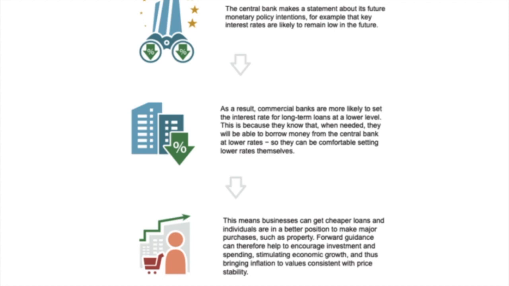Because they've told the market that they're going to keep interest rates low, it provides a little bit more confidence and stability, and it actually guides commercial banks' decisions as well, because now they know they can borrow for the foreseeable future at a lower rate of interest, so they can also offer long-term loans at a lower interest rate. That can then be passed on to the consumer market, and businesses and customers know that they'll be able to get cheaper loans. So it starts to prepare them to plan for borrowing in the future.